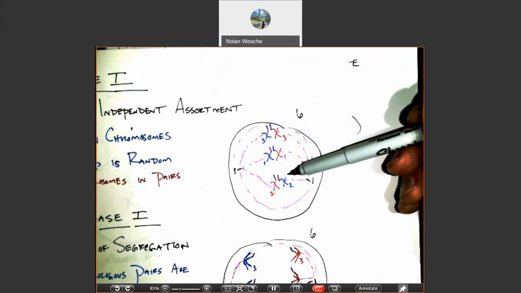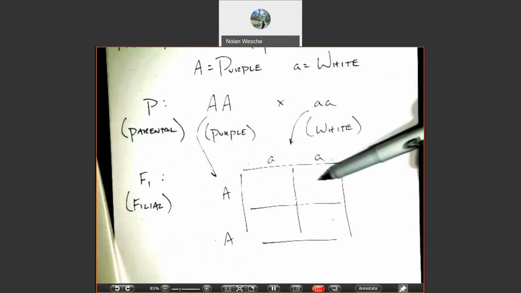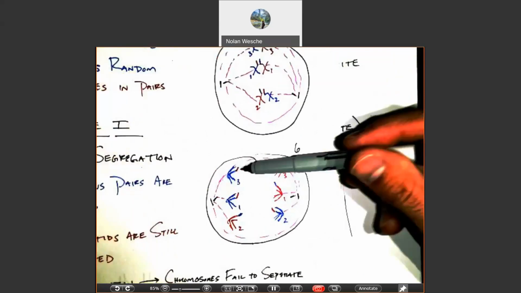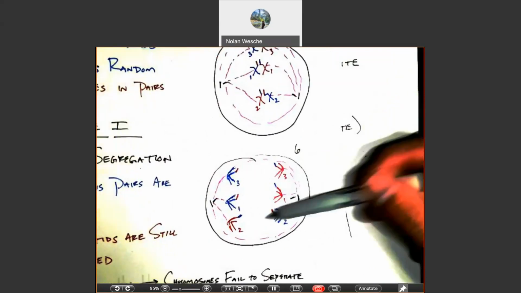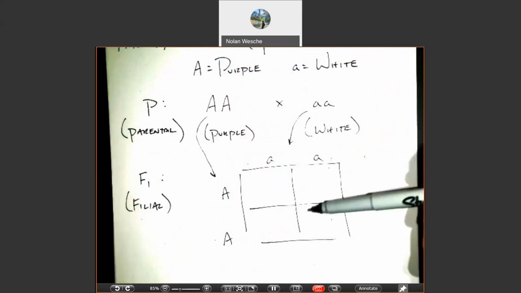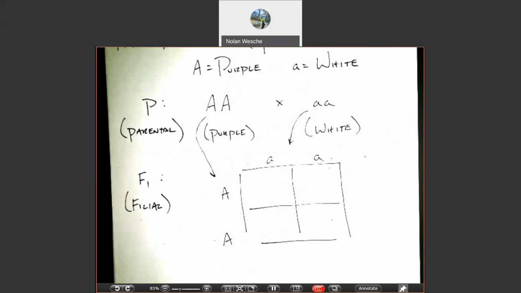So we have to consider multiple options, not just one box, but multiple boxes, depending on what traits we're looking at. And then we also have to take the alleles apart from one another, the law of segregation. So we're really modeling independent assortment, and we're modeling the law of segregation here. Because independent assortment, we've got to consider these various different arrangements.